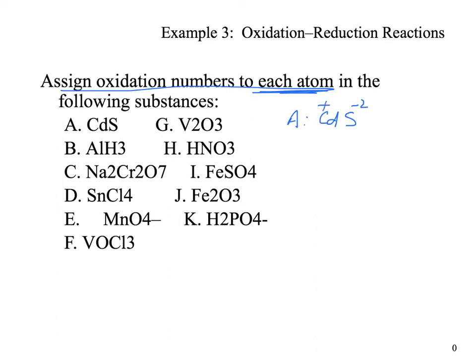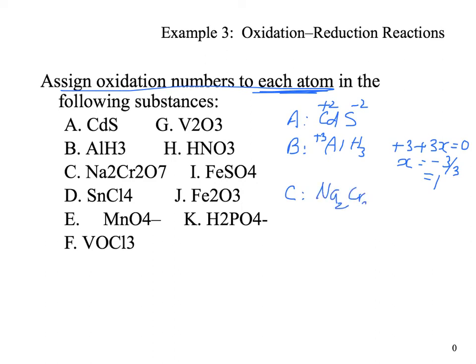That means cadmium will have to be +2. AlH3, aluminum is +3, so you would say +3 plus 3x is equal to 0, or x is equal to -3/3, which is -1. Dry Lab 5 will have lots of questions based off of this, so make sure you understand how to go about this.